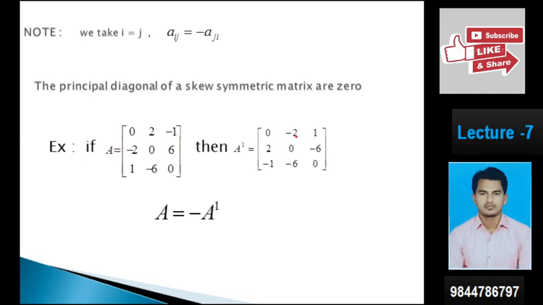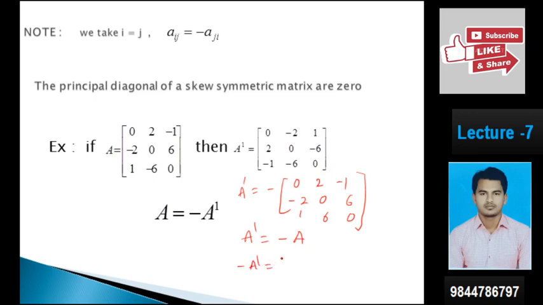That's why minus is common. For this matrix, A dash is equal to minus common, 0, 2, minus 1, minus 2, 0, 6, 1, 6, 0. See here. Now comparing A and A transpose, A dash is equal to minus A.